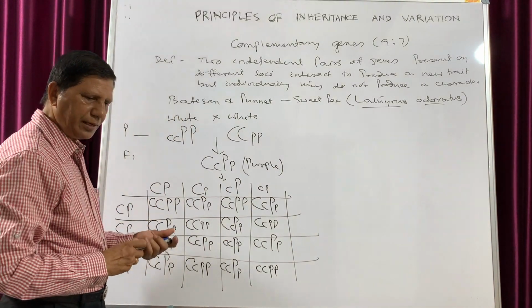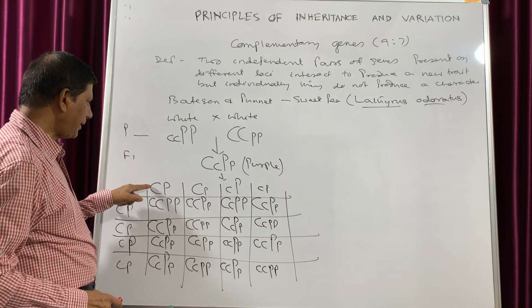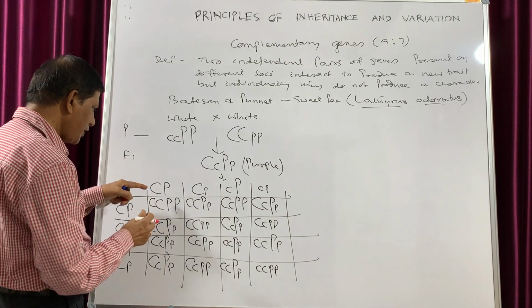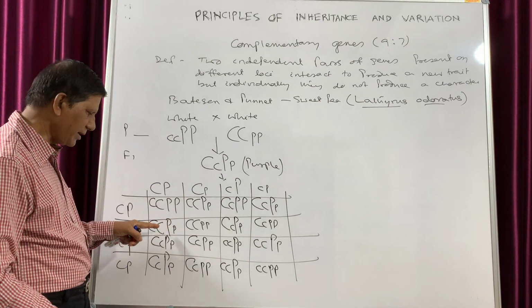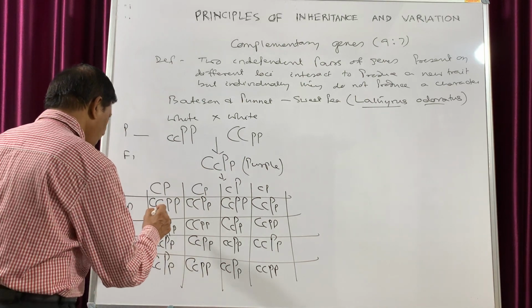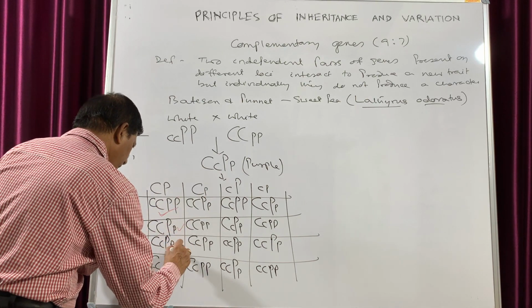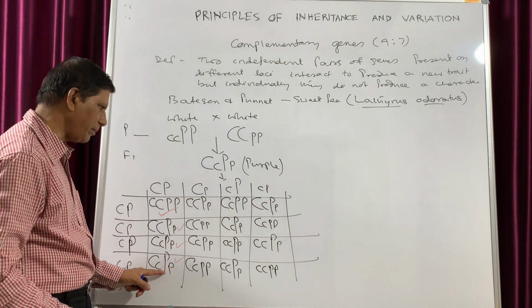So here you see, here both capital C and capital P are there. That means both the dominants are present, so this will be purple color, this will be purple color, this will be purple color. That means where both capital C and capital P are there, that is purple color.